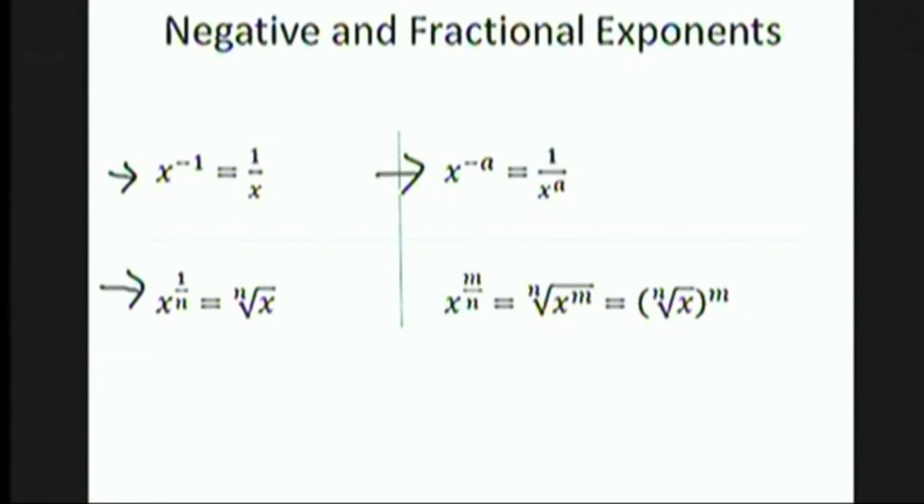And finally, x to the m over n combines an exponent with a root. So the n in the denominator is the root, and the m stays as an exponent. This can be written in two ways, either as the nth root of x to the m, or the nth root of x all raised to the m. They're equivalent.